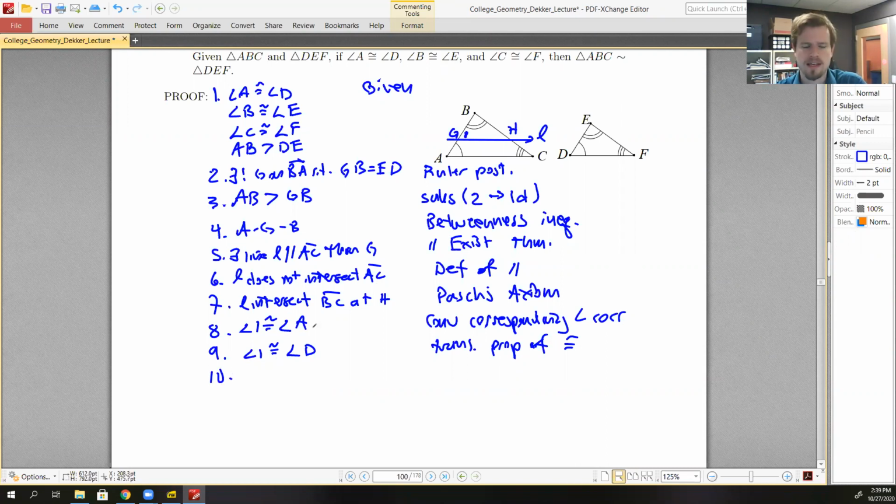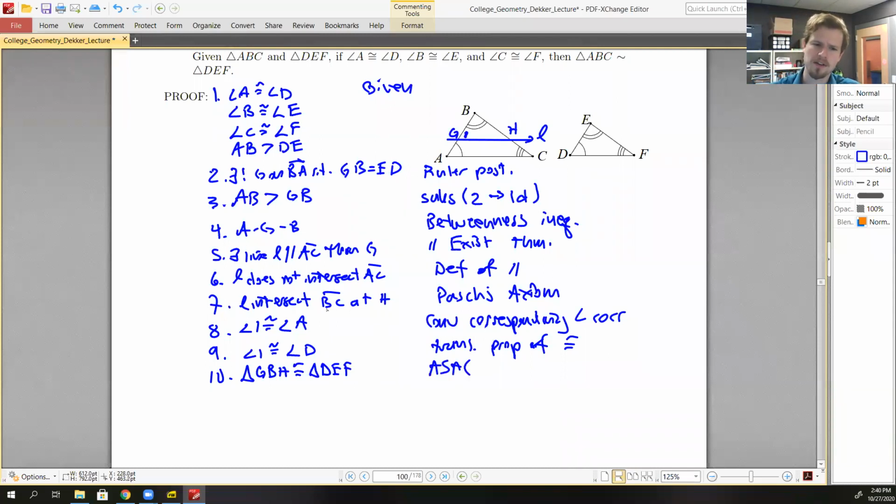All right, so that gives us angle, side, angle. So we have that triangle, let's see, let's call it GBH is congruent to triangle DEF by angle, side, angle.